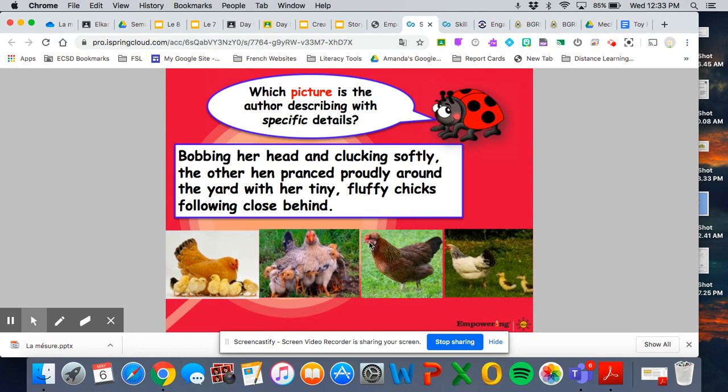I see one picture without chicks, so I know it's not that one. And then I'm looking for fluffy chicks following close behind. Well, this is the only picture that I see like that. So based on the specific details given by the author, this is what I'm most likely to think about in my head when I read that passage.